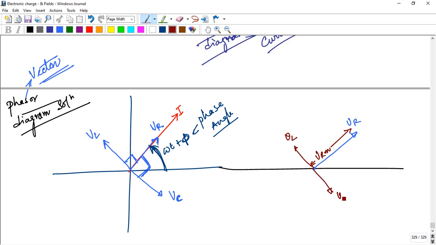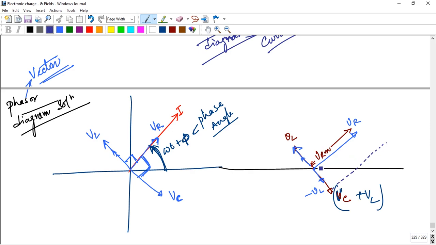If I draw VL in that direction, the opposite one is minus VL, since they are parallel. Suppose I vertically add them, that is VC plus VL here. Now apply the vector triangle law here.